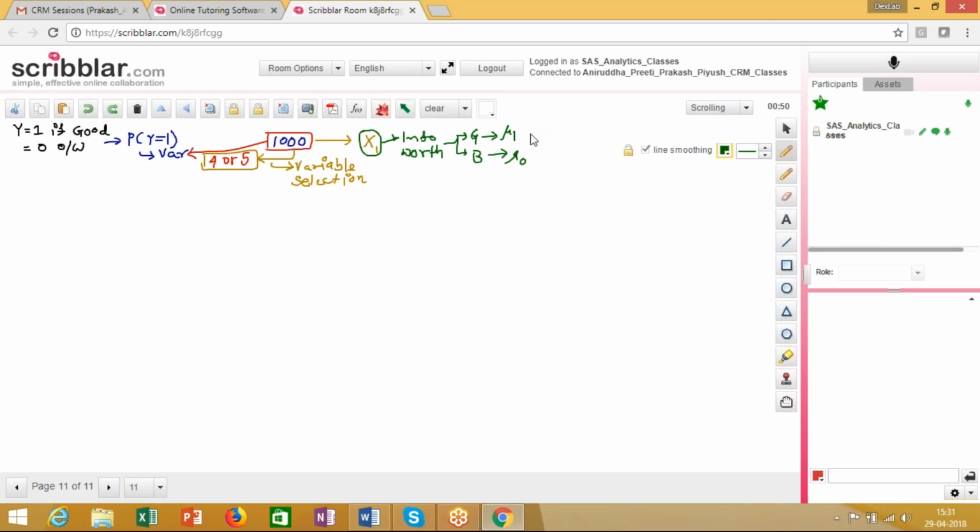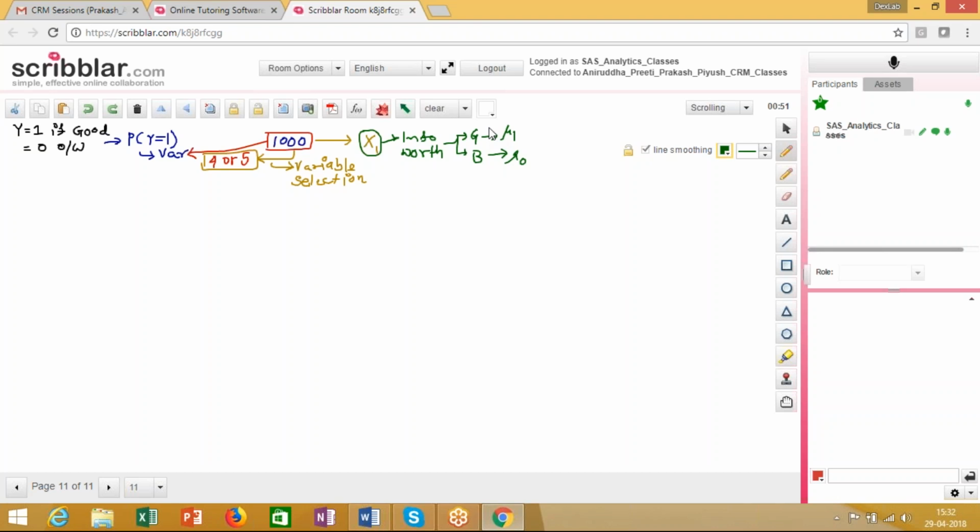So therefore, if the variable x1 can distinguish clearly between the good borrower and the bad borrower, then I'll include the variable. What it means is that if the average behavior of x1 across the good borrowers and across the bad borrowers is significantly different, then I'll consider that this variable can enter into the model development process.